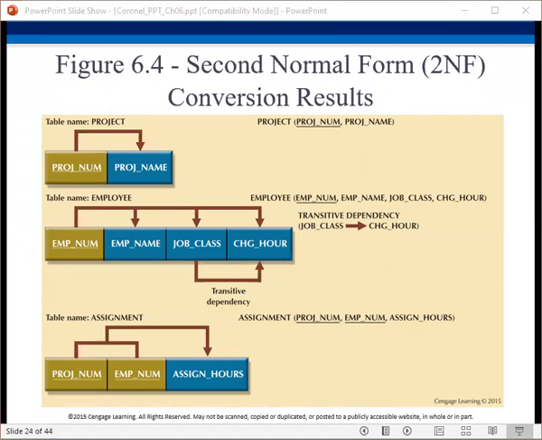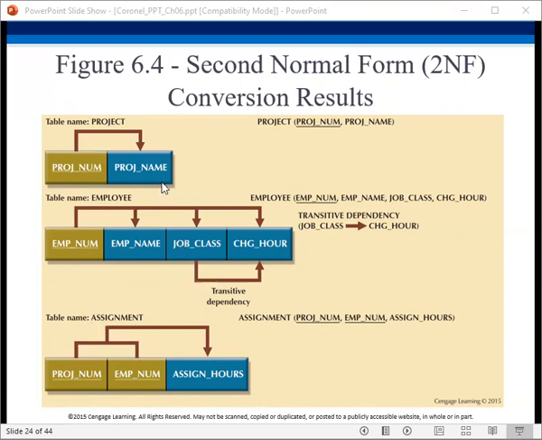Here's the result of putting the table into second normal form. We've taken out project, so we now have a project table and an employee table, and we have our original table that's now called assignment. We've got the project number, employee number, and the assigned hours.